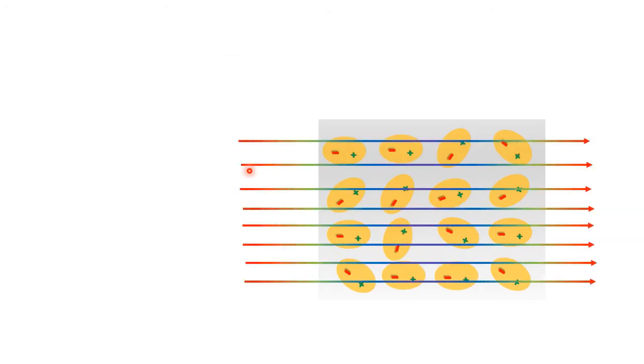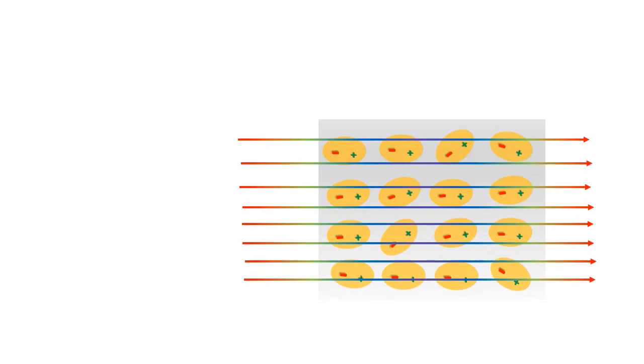When an electric field is applied to this dielectric, let us see what happens. When an external field is applied, the individual dipole moments tend to align with the field. Then a net dipole moment is developed in the direction of the external field. Or we can say the dielectric is polarized.